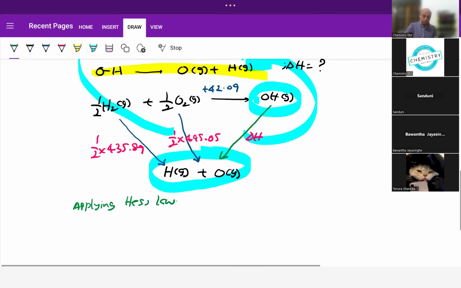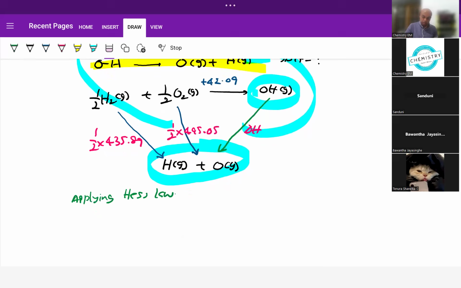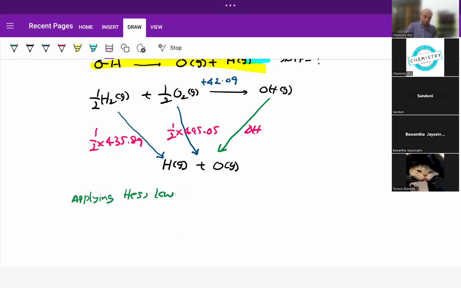Hess law. So let me clear the dirty data here. I will be applying the Hess cycle in this direction. You can apply either way, so I will apply clockwise. Then it will be plus, and the opposite directions negative. So this will be basically 42.09 plus delta H equals, not equals, very sorry, minus.